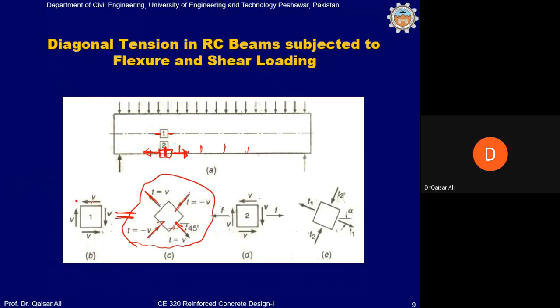Because the shear stresses will move this corner of the element 1 to the left, and this shear stress will move this upward. So this corner will be moved here. Similarly, the bottom right corner of element 1 will be moved to the right and downward. So it will come somewhere here.